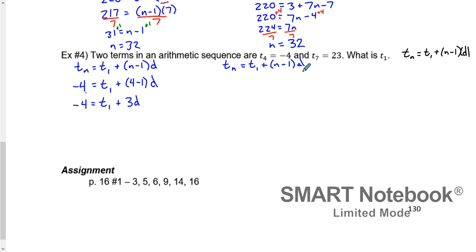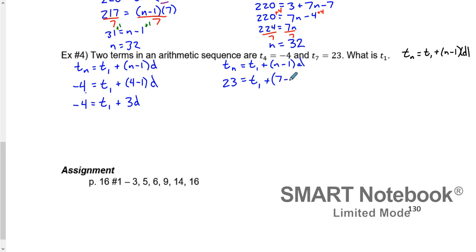Looking at this one, we know that term n, so term 7, well, we know what term 7 is. Again, I'm going to do another erase. Term 7 is 23. But even in this case, we still don't know what term 1 is. We do know what n is.